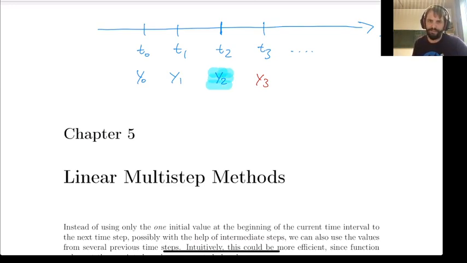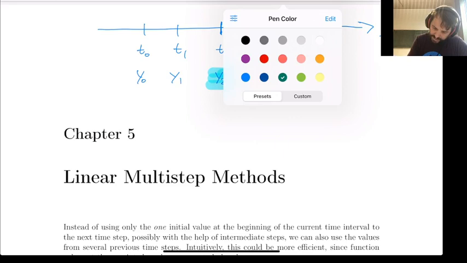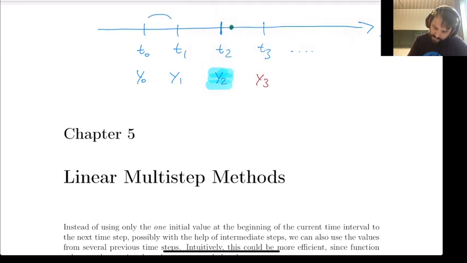The one-step method says I'm going to base it on my value of y2 and some information on the right-hand side f. And in particular, the Runge-Kutta methods, in order to get higher order convergence, proceed by using intermediate stages. Let me just change the color back again. So these are the time steps. We call them time steps.